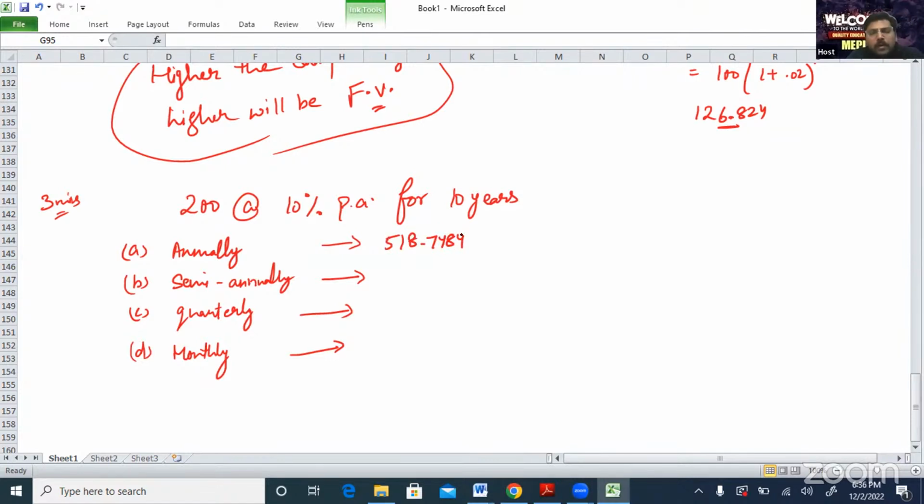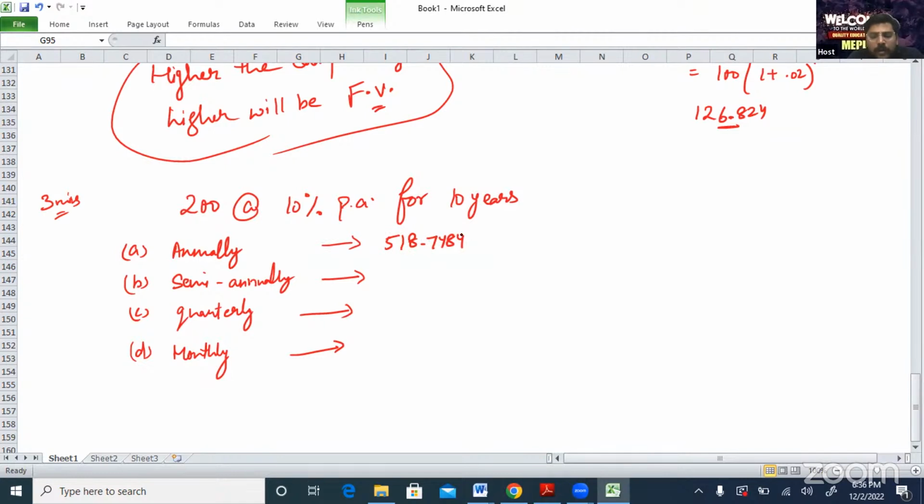Okay. Now if I talk about semi-annual, again, what will be my N? So first clear. There are 10 years and 2 compoundings per year, so the total time period will be 20. What will be my I/Y? 10% per annum, but there are 2 compoundings, so 10 divided by 2 becomes 5.